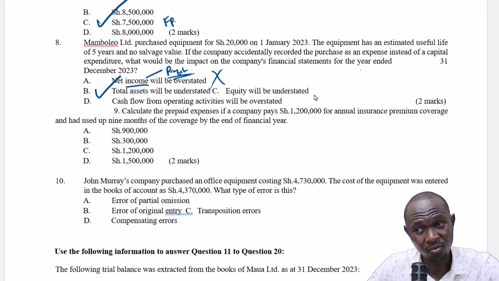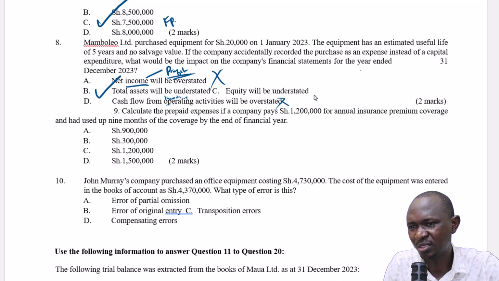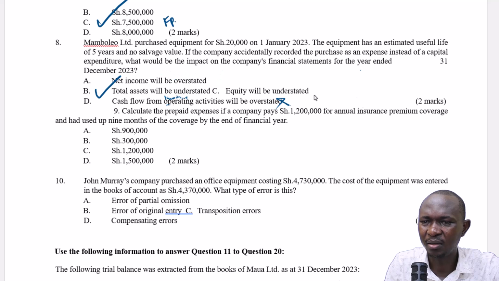No. Cash flow from operating activities will be overstated? Not really. In fact, here we are talking about maybe expenses, but we expect possibly they could have talked about investing activities. Anyway, let's not go this direction. This is not correct. So the correct answer is B.